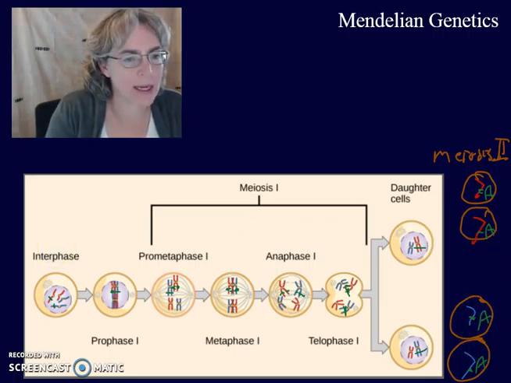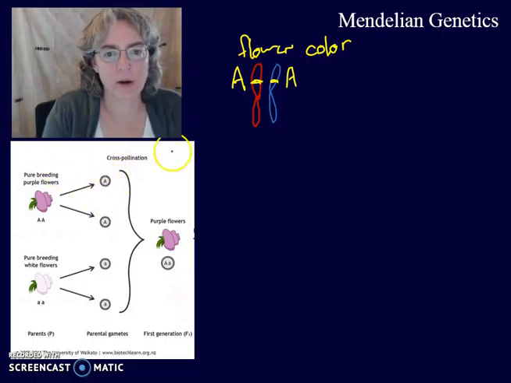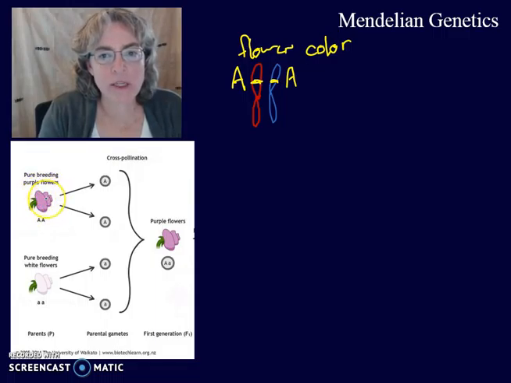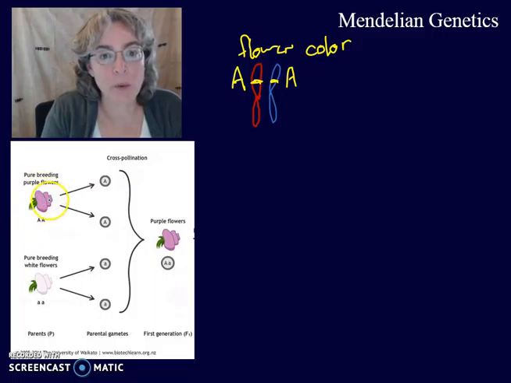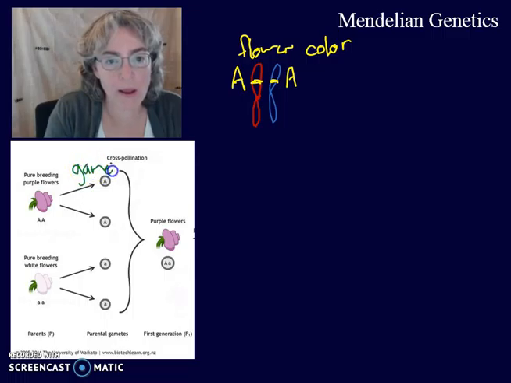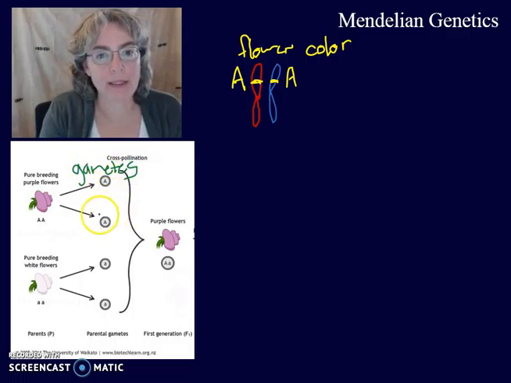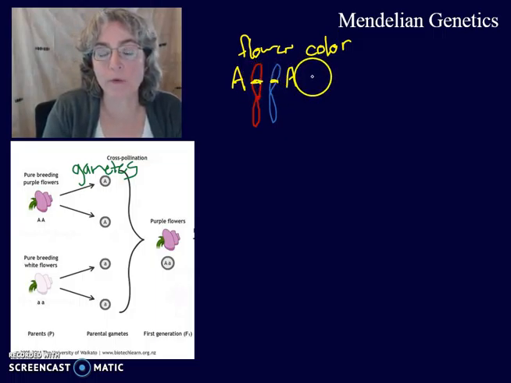So let's go back and take a look. So that's what we've got right here. We've got the phenotype, we've got purple flower. Our genotype, remember, are these alleles. And for our true breeding purple flower, it's A. So these right here are the gametes that this plant can produce, and they're all going to have the capital A allele for purple flower color.